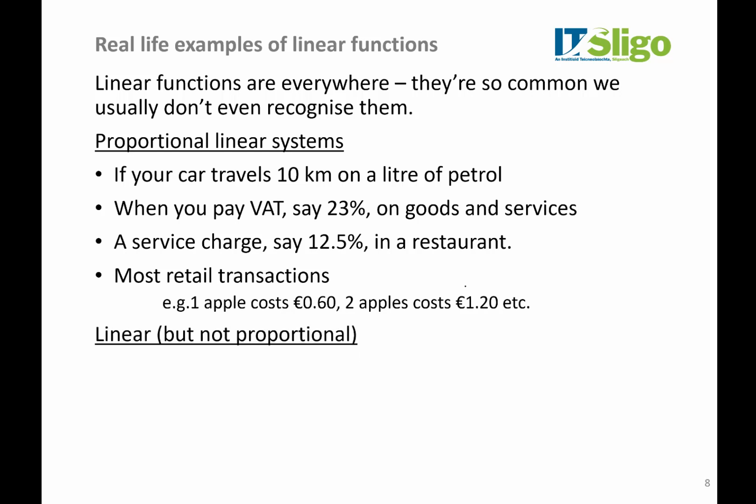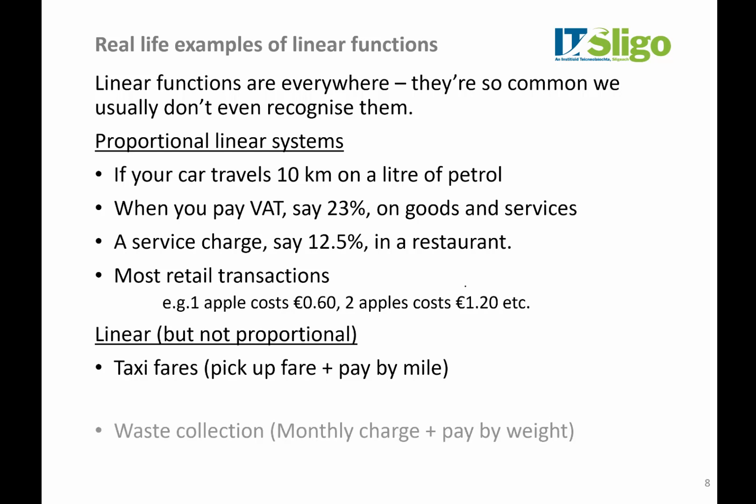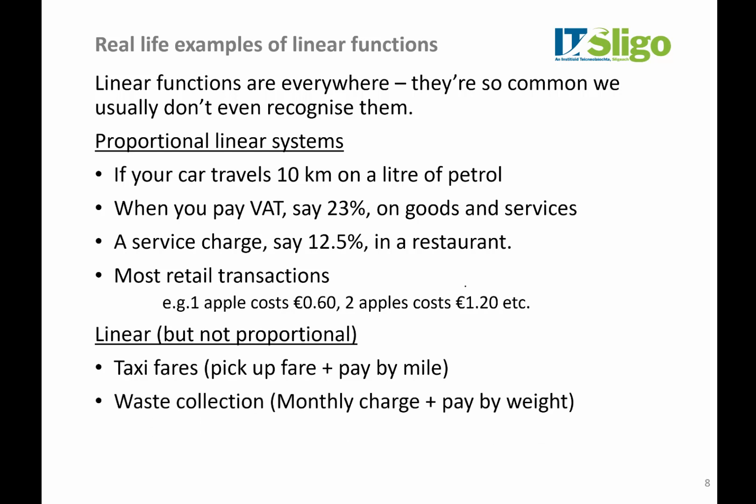Then there's non-proportional but still linear functions. A taxi ride would be an example of this. Because if you jump into a taxi, once you jump in, you have to pay the taxi driver the pickup fare, and then you pay per mile. Waste collection, a lot of bin companies operate on a monthly charge, so even if you don't get your bins picked up for a month, you still have to pay the monthly charge.